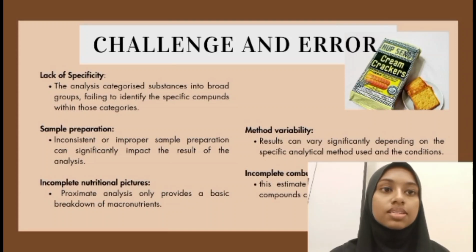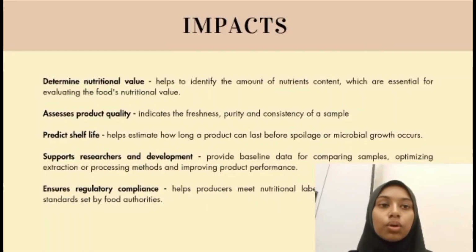Even though the analysis is useful, there are still several challenges and possible errors. First, lack of specificity. The analysis groups substances into broad categories, so it doesn't identify the exact compounds in each group. Second, sample preparation. If the sample is not prepared properly or consistently, it can affect the result significantly. Third, incomplete nutritional picture.